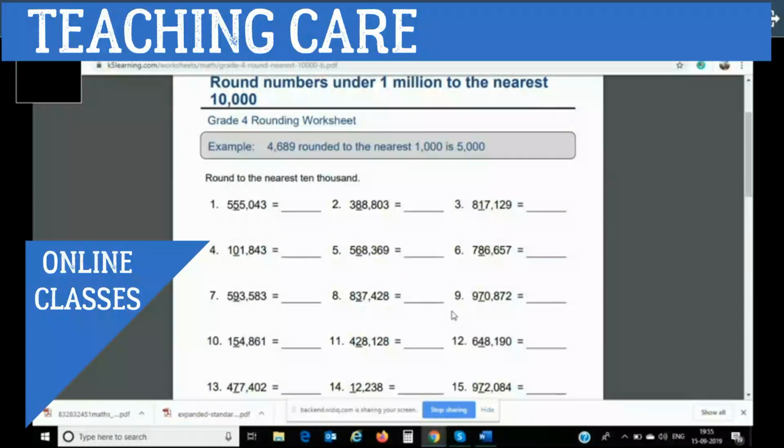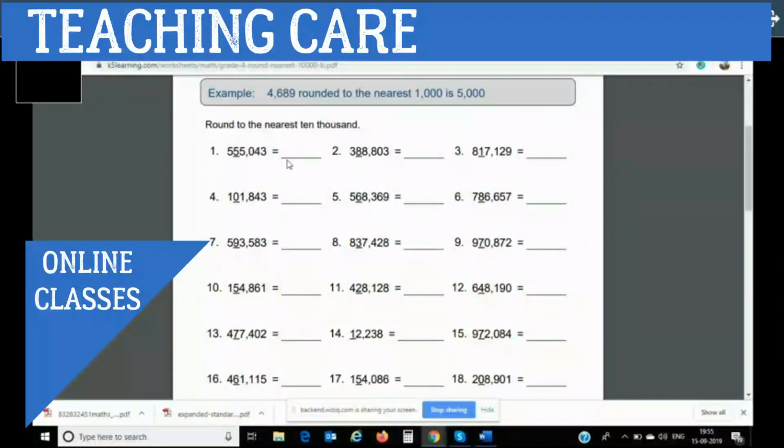Yes, but the sir didn't teach us millions in the class. Okay, fine. 10,000. Okay, 5,500. Slowly, slowly. 5,060. It's 5,000. 55,000. No, 5 lakh.